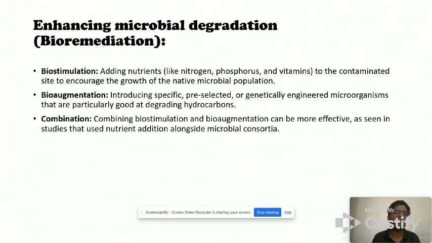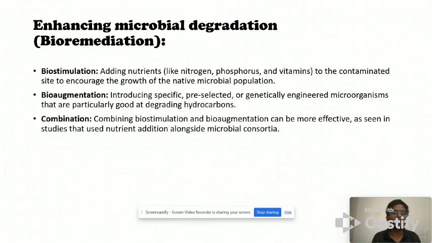Then there are several steps for enhancing this microbial degradation, like biostimulation, adding nutrients, as I told, nitrogen, phosphorus, and vitamins to the contaminated site, so that we could encourage the growth of the native, meaning indigenous, microbial population, and they can increase the rate of the degradation process.